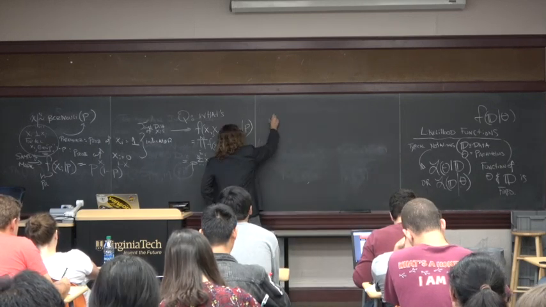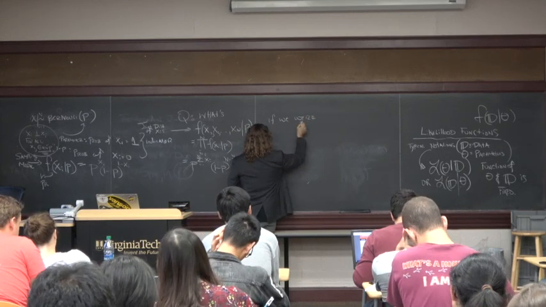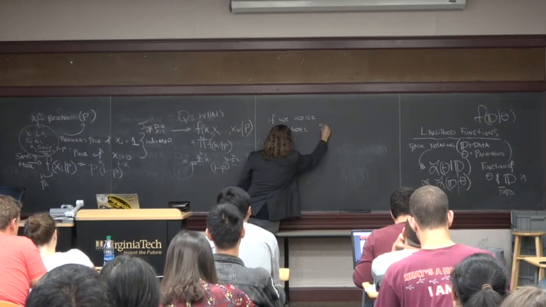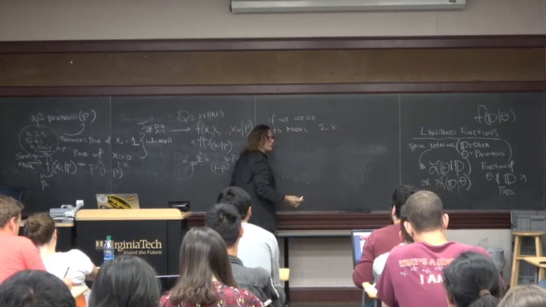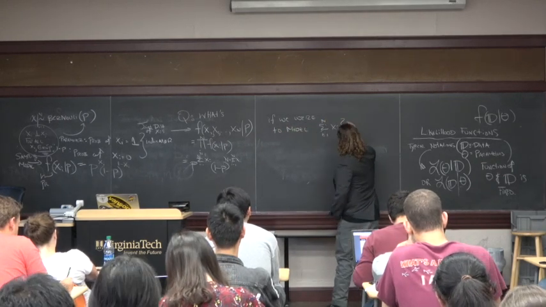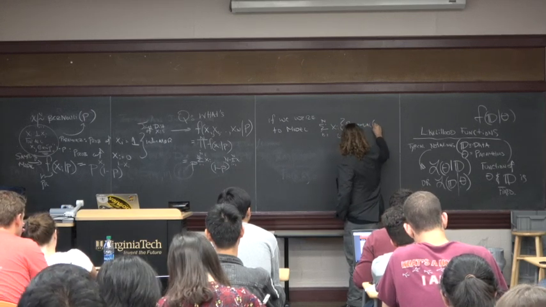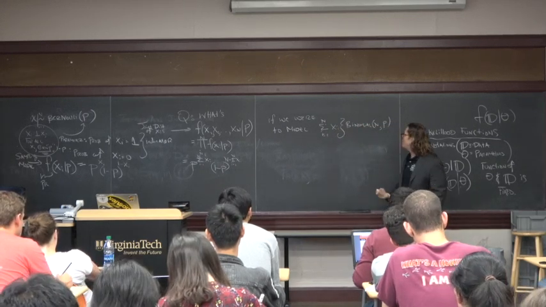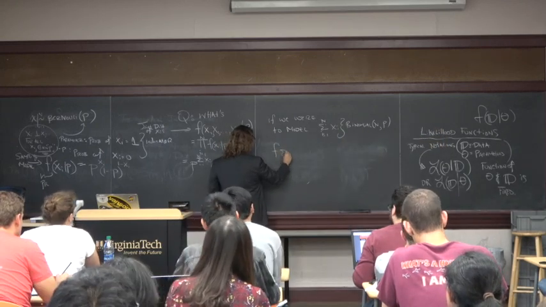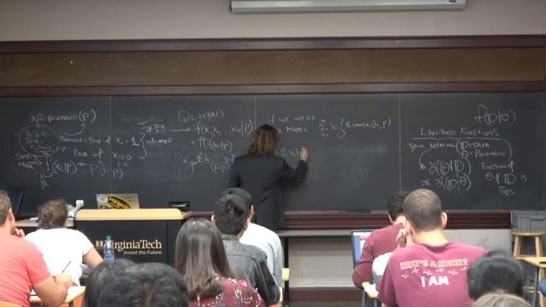If we were to model the sum of the xi's, this thing right here has a binomial distribution with parameter p, then we would have f of the sum of the xi's, i goes from 1 to n, given p.